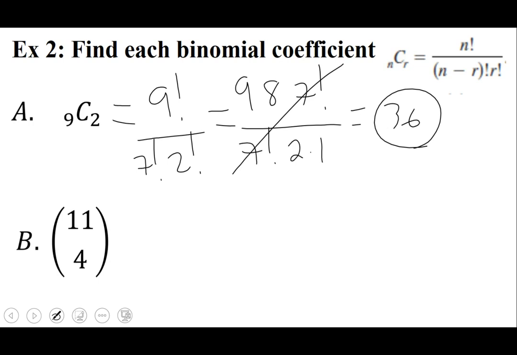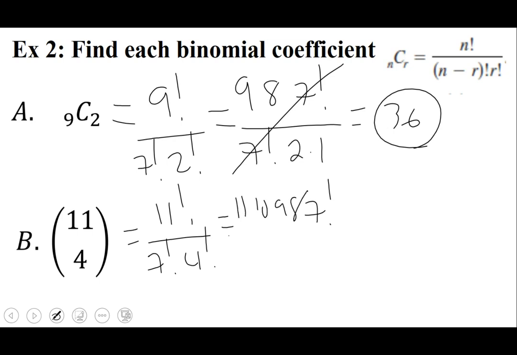11C4, and again, inside those parentheses, not a fraction. 11 is the n, and then r is the 4. So that is going to be equivalent to 11 factorial over 7 factorial times 4 factorial. You're again always trying to cancel out the larger factorial from the bottom. So if you were to take a 7 factorial out of 11 factorial, you would be left with, of course, 11, 10, 9, and 8.